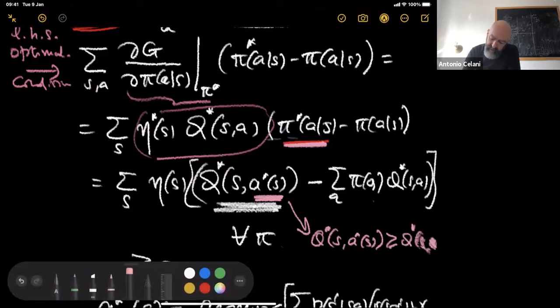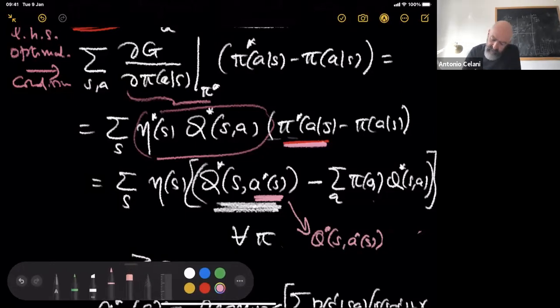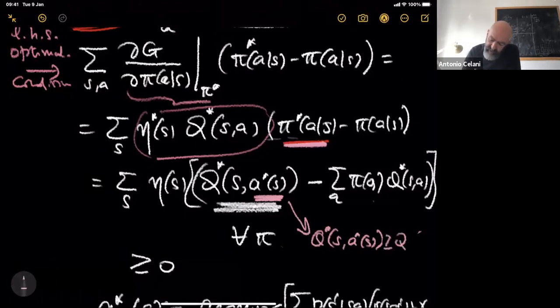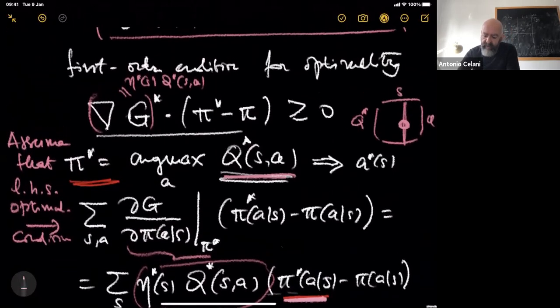It doesn't write properly in the corner. This is larger or equal than Q star SA, by definition of A star of S. Any other entry in the column must be smaller or equal to that.